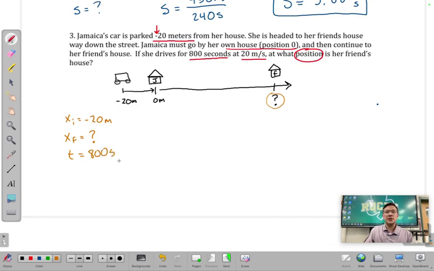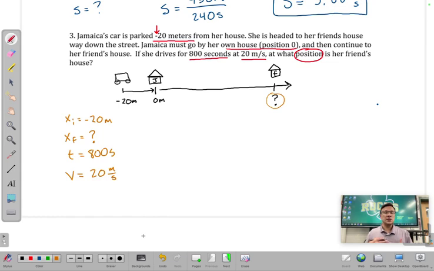And then it says that she moves at 20 meters per second, and the unit of meters per second would go with speed or velocity. In this case, Jamaica's moving in a straight line, or it implies she's moving in a straight line, and so it doesn't really matter speed or velocity. It's going to be the same thing because distance and displacement would be the same if you're moving in a straight line. So we'll go ahead and write those down.